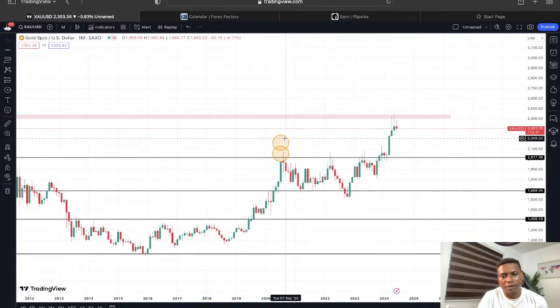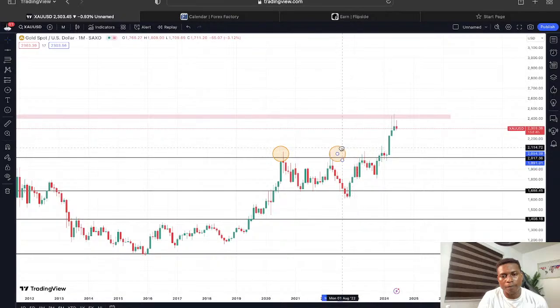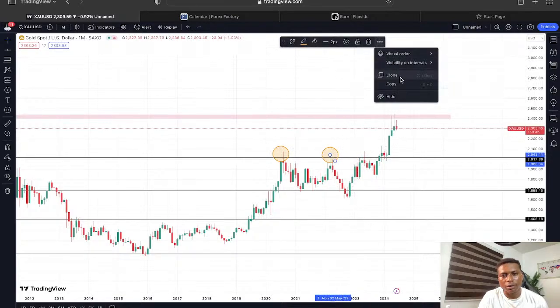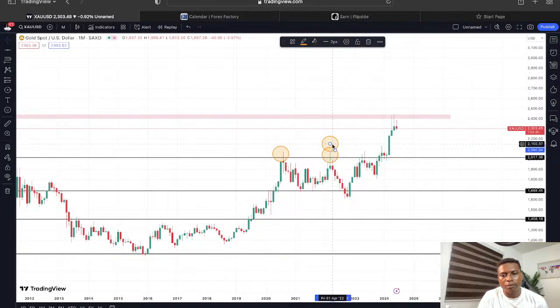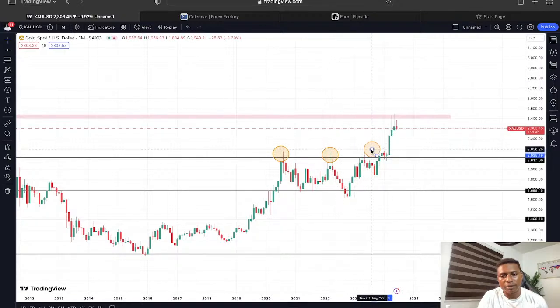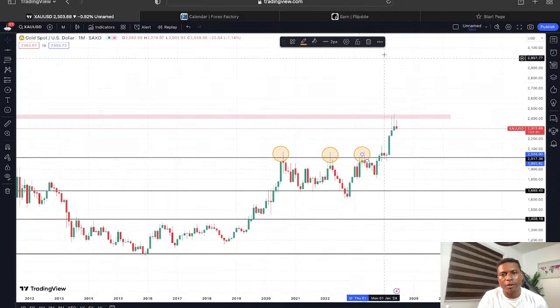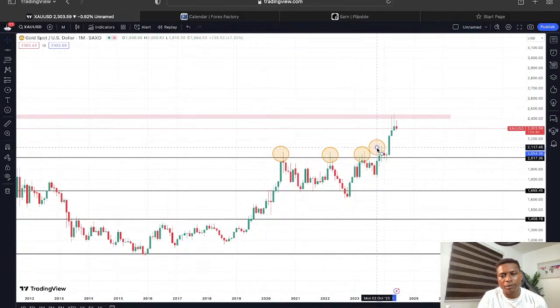Price came here, touched this level. Then price came here, touched this level. And then the fourth time it touched the level.